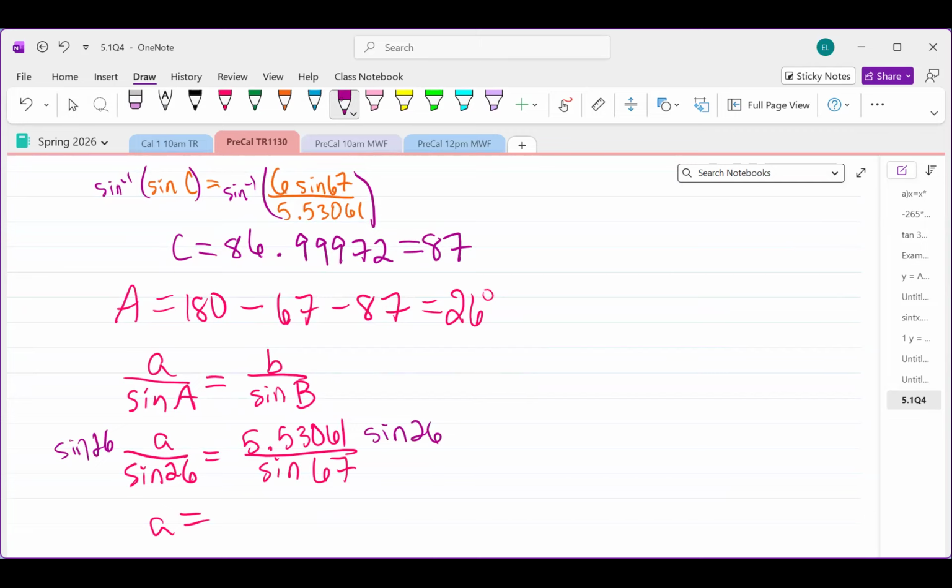So 5.53061 sine 26 close divided by sine 67 close. 2.633837. So angle A, we got 26. And side A, 2.633837. All right, select both of those.